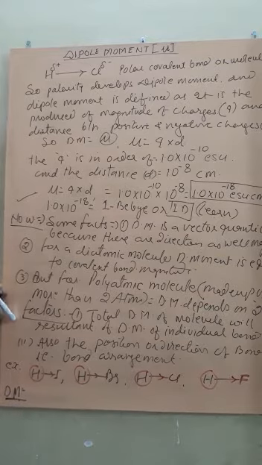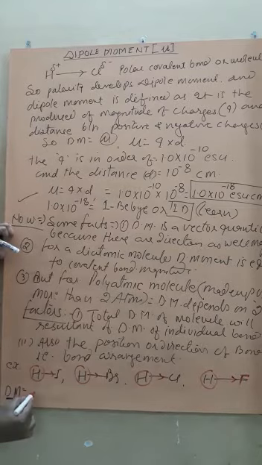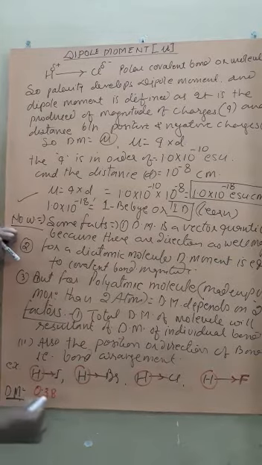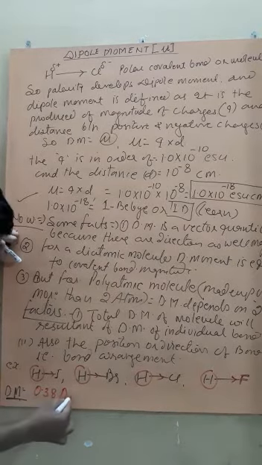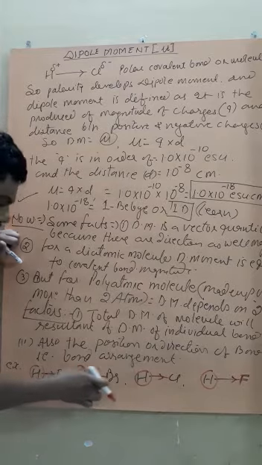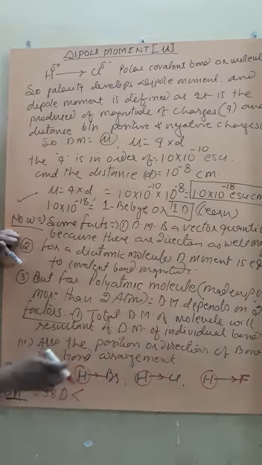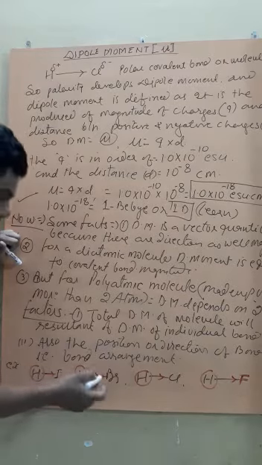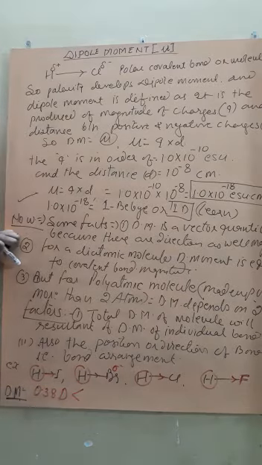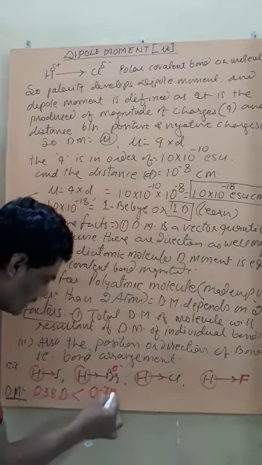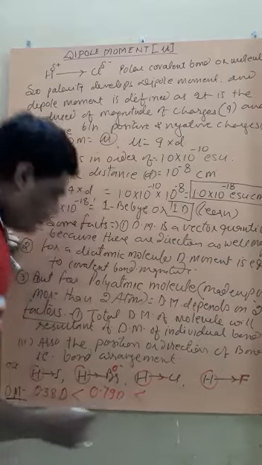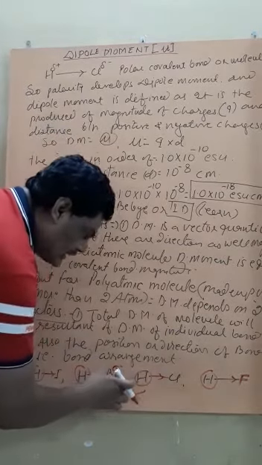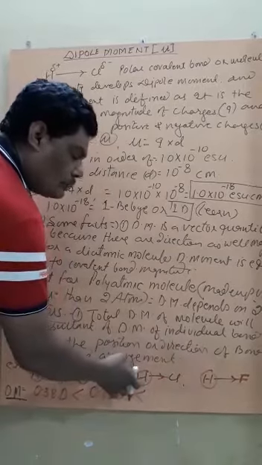For HI, the dipole moment is 0.38 D. But more dipole moment will be in HBr, because Br is more electronegative as compared to I. That means the fractional positive charge will be greater as compared to HI, and it is 0.79 D. Now Cl is even more electronegative as compared to Br.